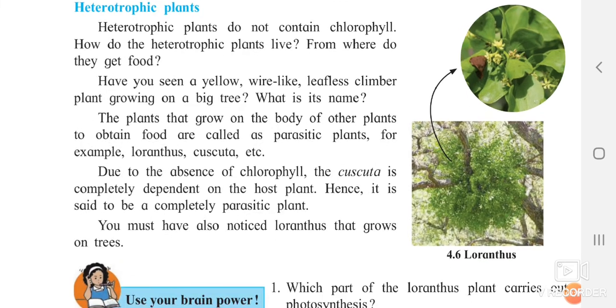You can see over here, the plants that grow on the body of other plants to obtain food are called parasitic plants. For example, Loranthus and Cuscuta. Due to the absence of chlorophyll, the Cuscuta is completely dependent on the host plant. So in Cuscuta or Loranthus, the chlorophyll is absent, and that is the reason they are totally dependent on the host plant, and they are said to be parasitic plants.